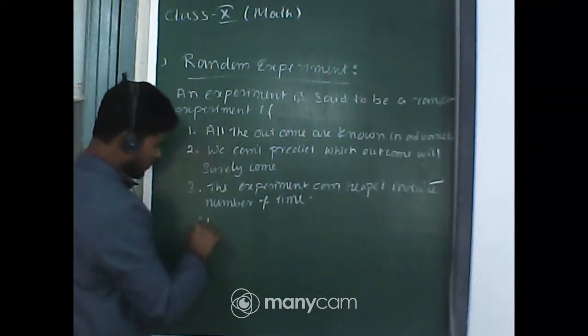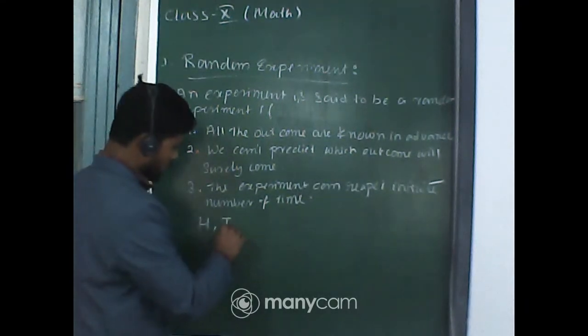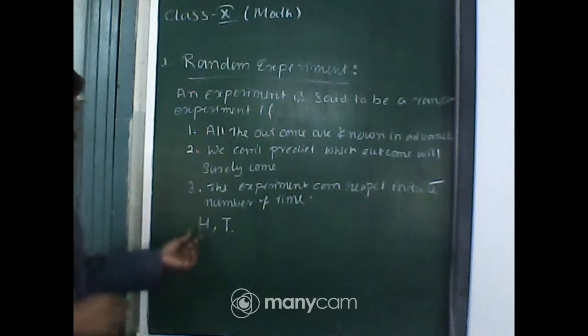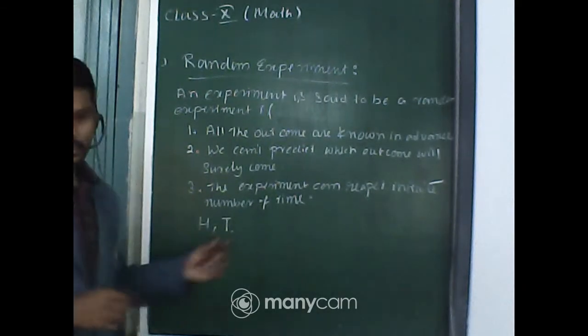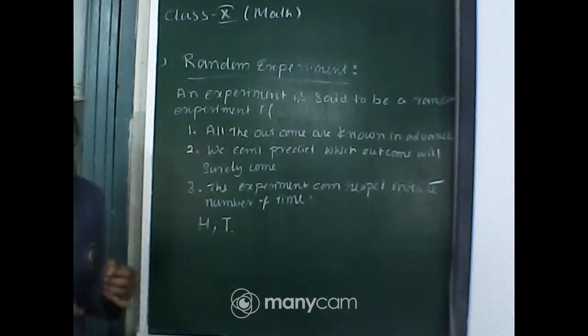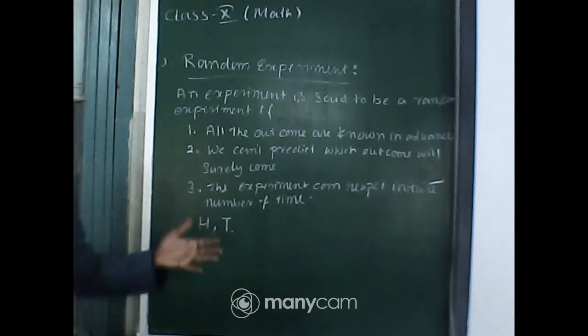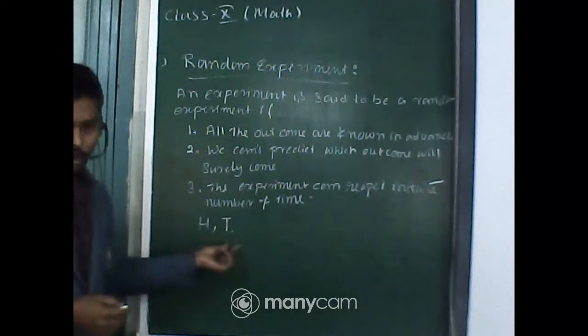The face may show head or the face may show tail. That means before doing the experiment, we know which outcome will occur. It will be either head or tail.